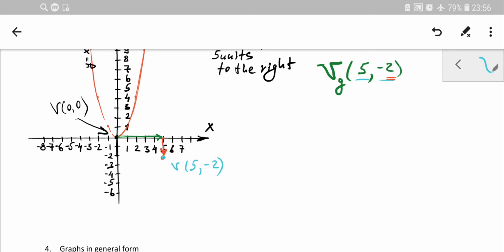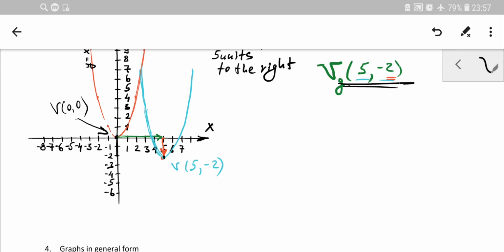So from here, we just need to restore our shape. The shape is not changing, so I'll try to do it very carefully so as not to spoil the draft and my beautiful picture here. All right. So let's pretend that it's sort of symmetrical. So by the way, the new axis of symmetry will go through the vertex coordinate, and it will be vertical, of course, because it should go only vertically.